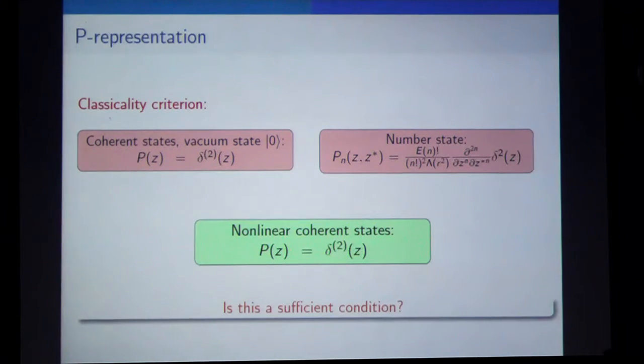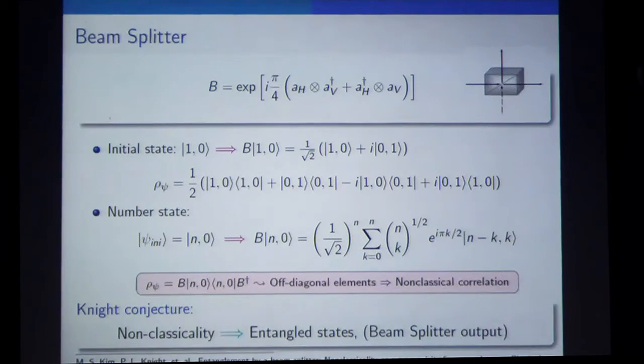To study these states more deeply, let us introduce the beam splitter. The beam splitter is an optical device in the laboratory with two inputs and two outputs, and is described by this unitary operator.